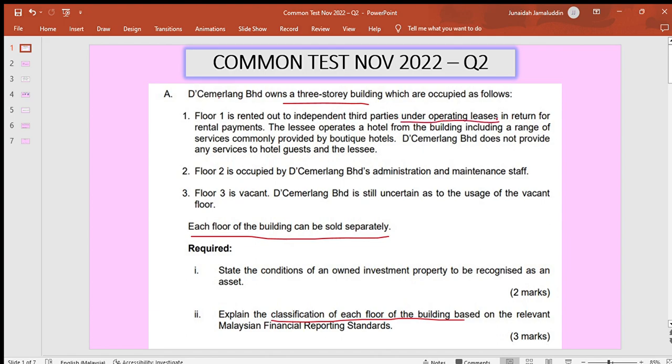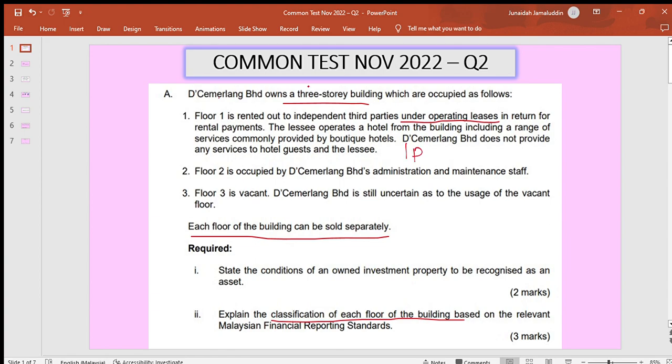So clearly, floor number 1 can be classified as investment property, because it is rented out under operating leases, not under finance leases. If the property is rented out to a third party under operating leases, it can be classified as an IP.